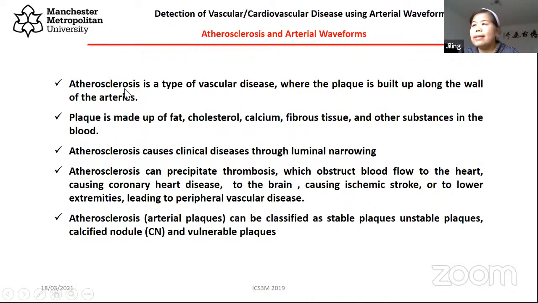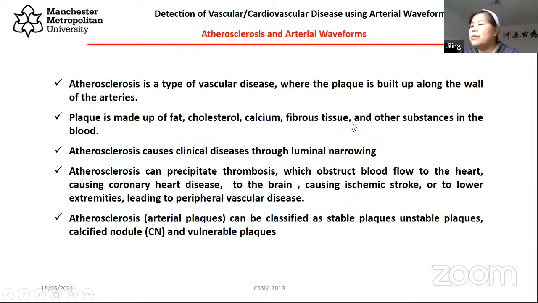So what is atherosclerosis? Atherosclerosis is a type of vascular disease when plaque is built up along the wall of the artery. The composition of this plaque could be fat, cholesterol, calcium, fibrous tissues, and other substances in the blood.